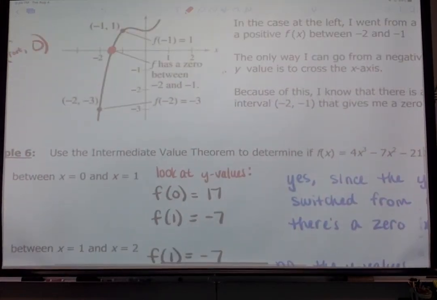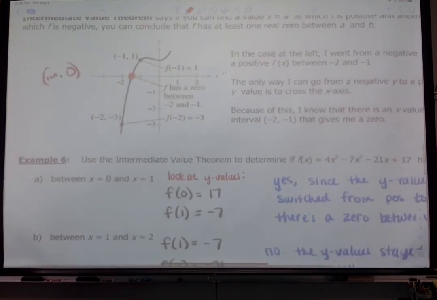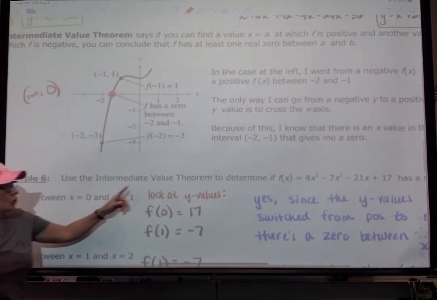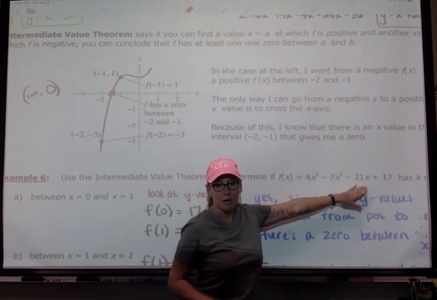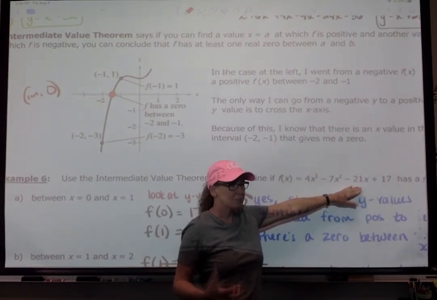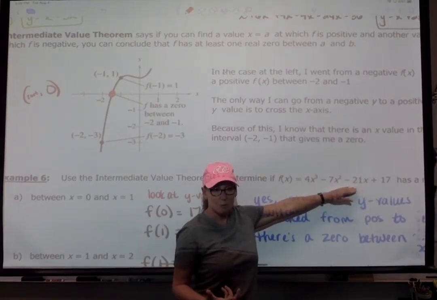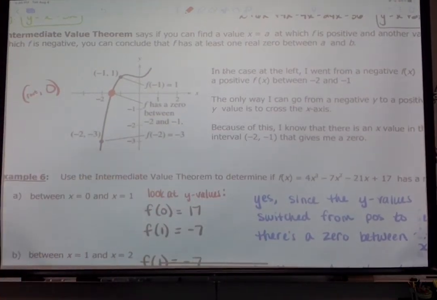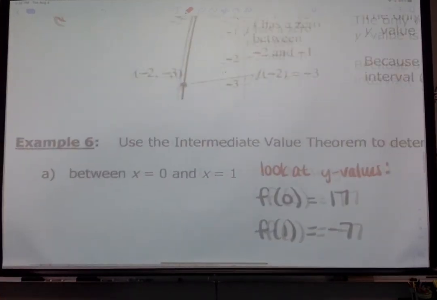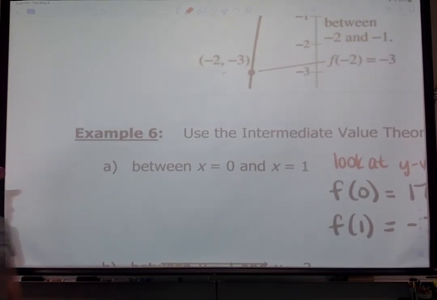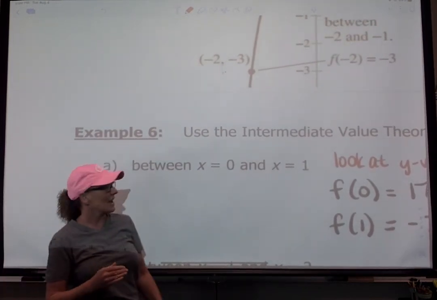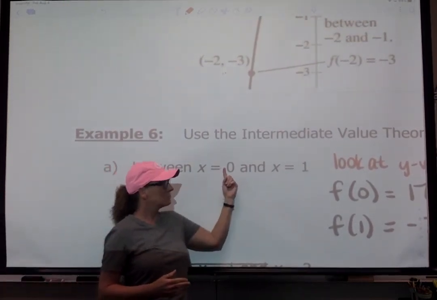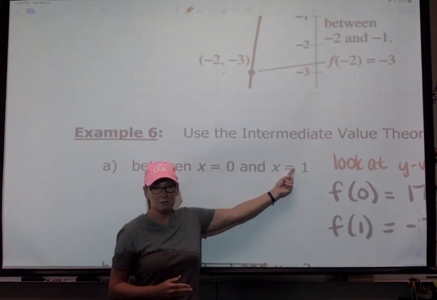So here's what this says. You've got a cubic, okay? I think it's probably going to cross the x-axis somewhere, but I don't know where. It's a cubic. I wonder if it crosses the x-axis somewhere between x equals 0 and x equals 1.